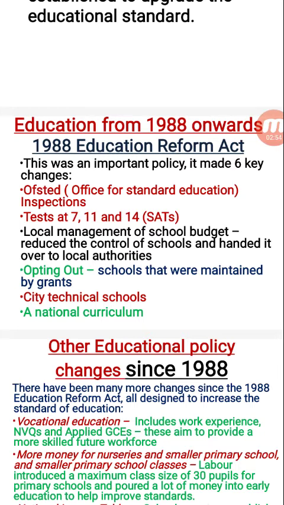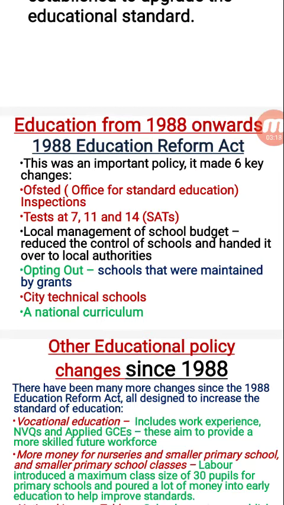For example, they should know how to make different things. They can be good carpenters, electricians, and so many other fields were introduced. And then here is the point where a national curriculum was introduced.